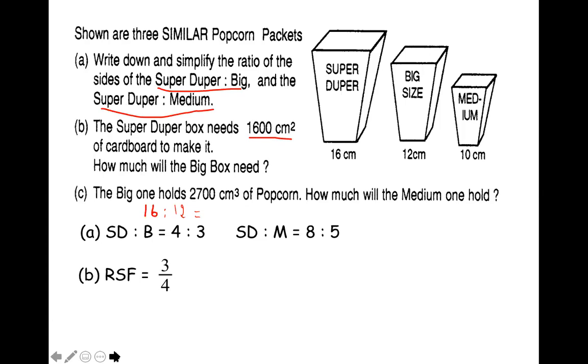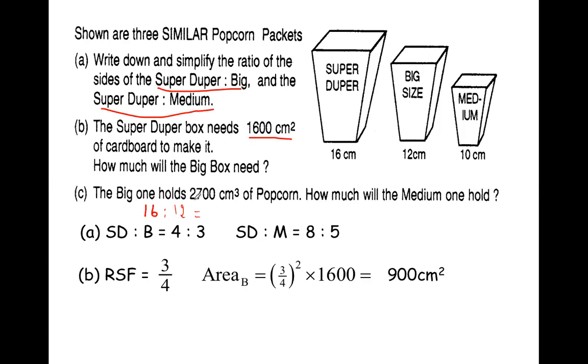And once you've got that, because you're looking at area, you need to square that times 1,600, and your answer would be 900 centimeters squared. Okay, so for area, you need to find the scaling factor, and you square it first before multiplying by the bigger area to reduce that.